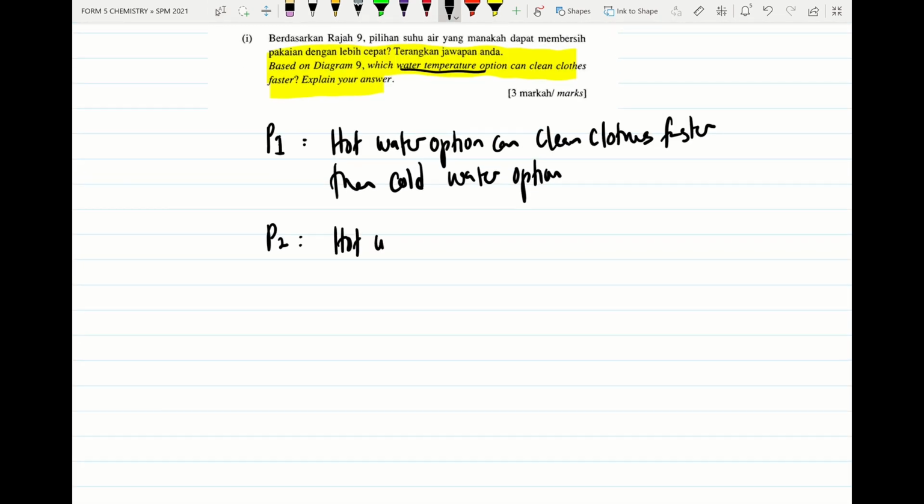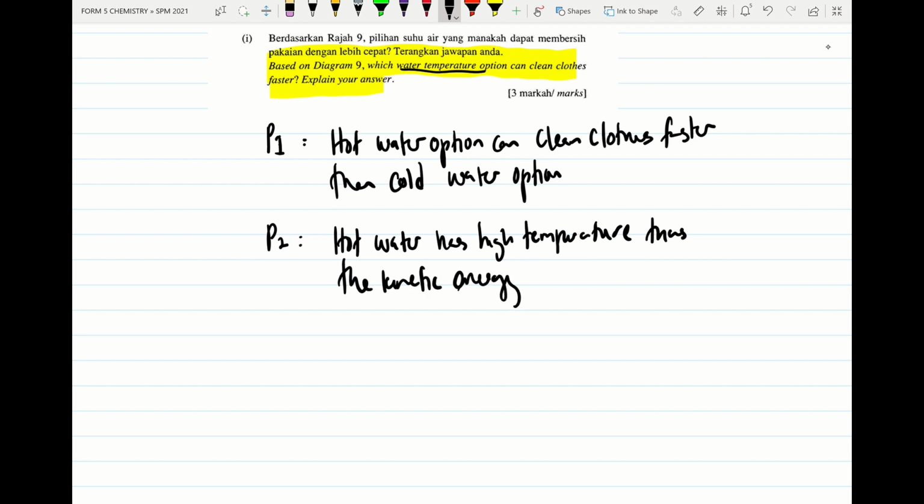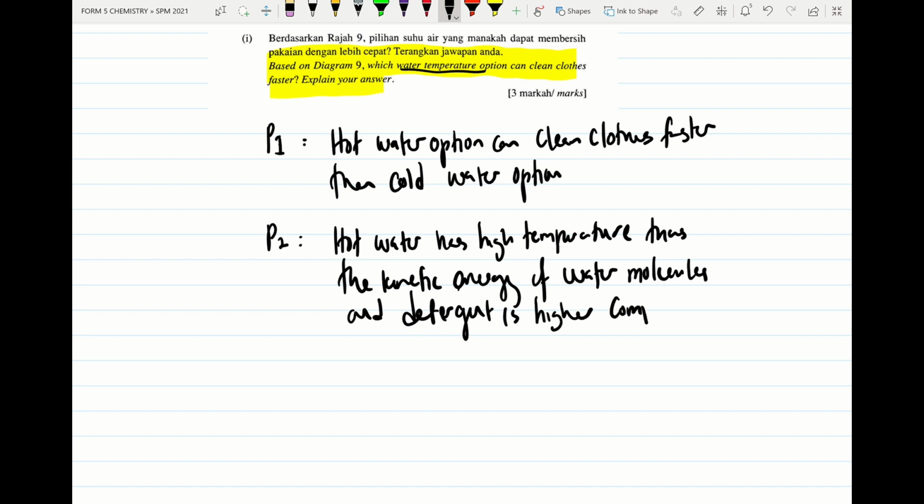Hot water has a high temperature, thus the kinetic energy of water molecules and detergent is higher compared to cold water.